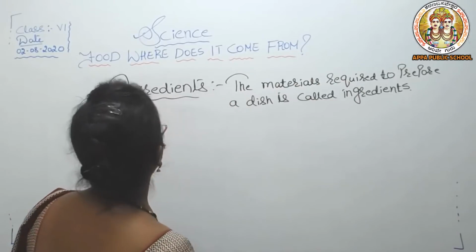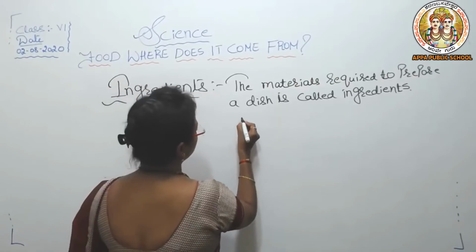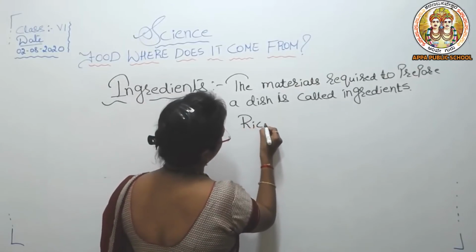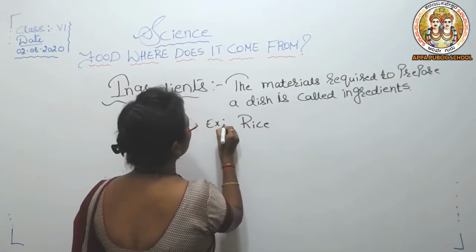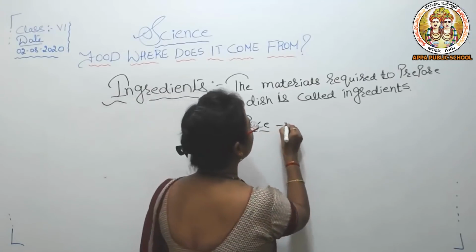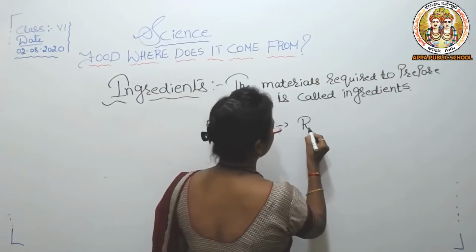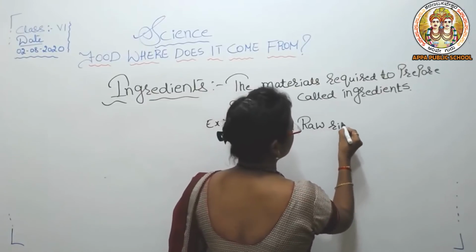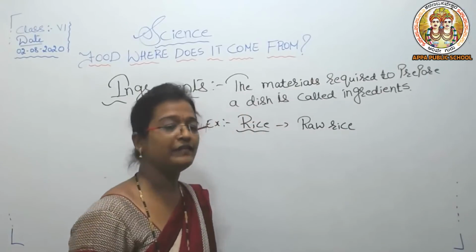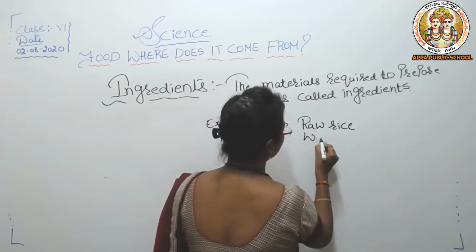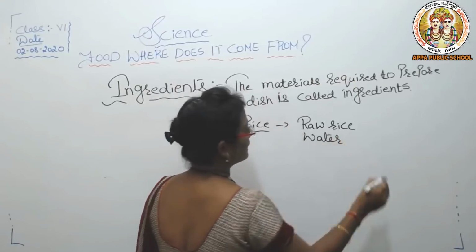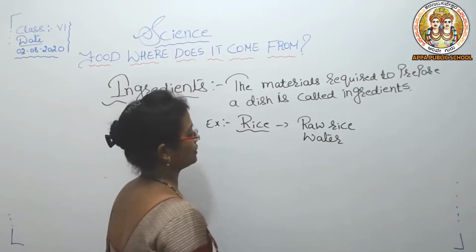So for example, I take rice. To prepare rice, what we need? We need raw rice. Next, we need water. And next, salt.